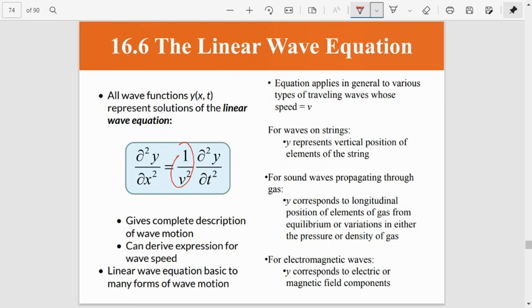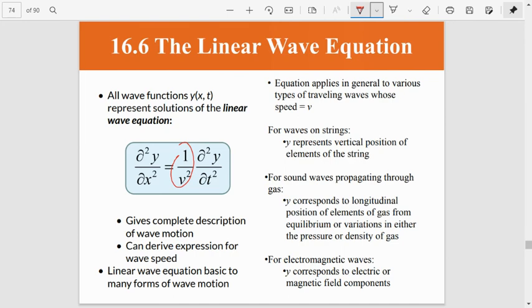And for electromagnetic waves, the equation is going to be a more general form, but it's still the same general idea. But now the wave function for an electromagnetic wave, rather than talking about the displacement of the particles in the medium, talks about the electric and magnetic field components and how they oscillate as the electromagnetic wave propagates.